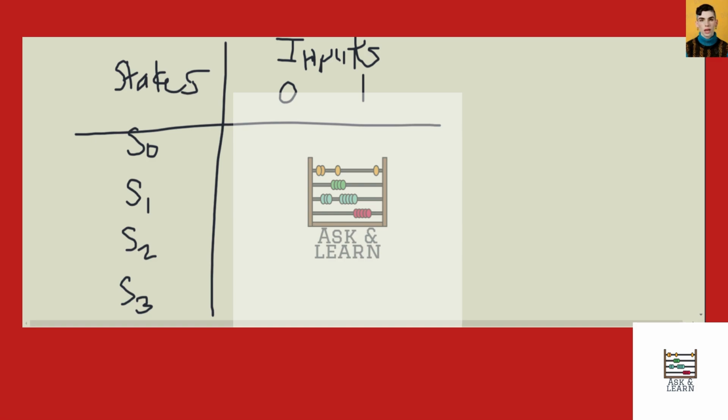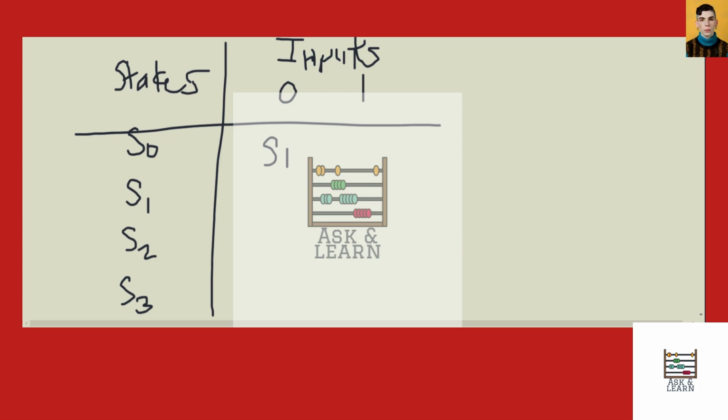So for example, we see that there is an arrow from S0 to S1 labeled 0. And so I'll write S1 next to S0 and under 0. And likewise, I can complete the rest of the table.